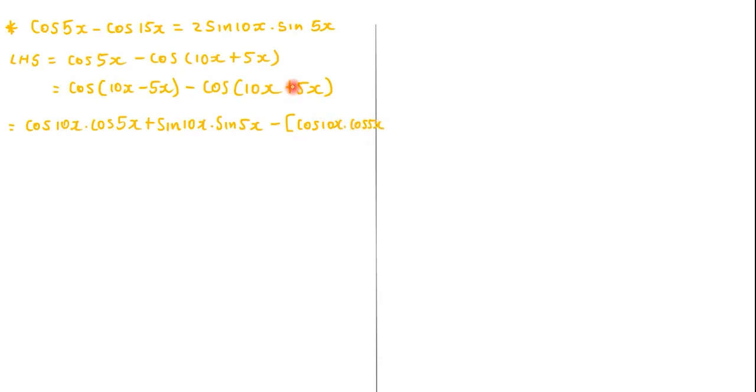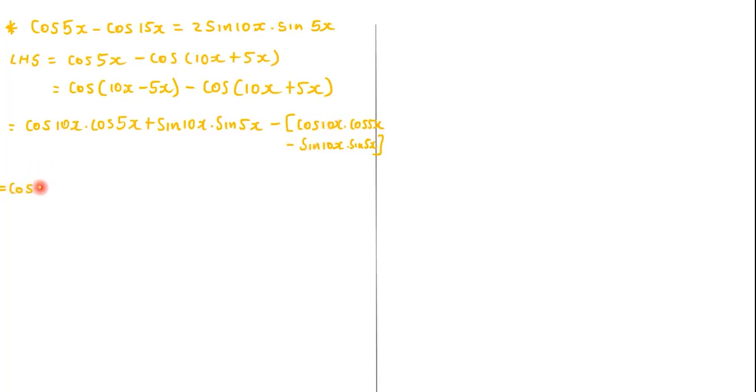And then we have the plus there, so we're going to say minus sine 10x times sine 5x. All right, so now from here, we're just going to multiply this negative in this first term and this second term there.